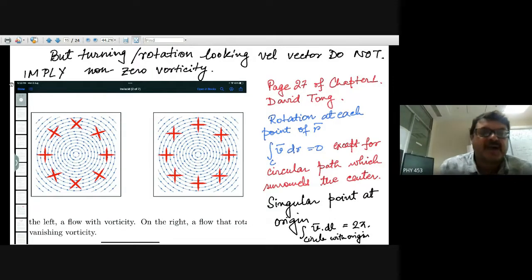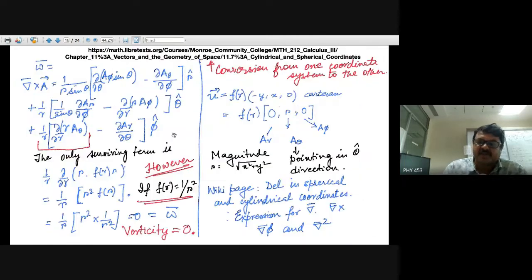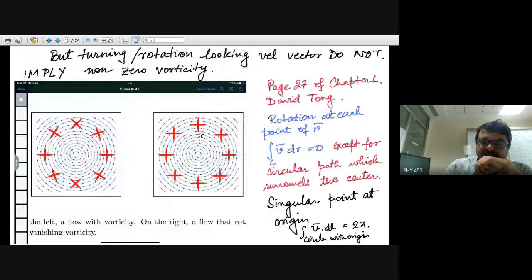So here you have two different velocity fields, both of which have circular streamlines. Suppose the field was going as 1 by r square. Then suppose you had a paper boat going around this point, which is a singular point, and this paper boat, shaped like a cross, is not going to rotate.